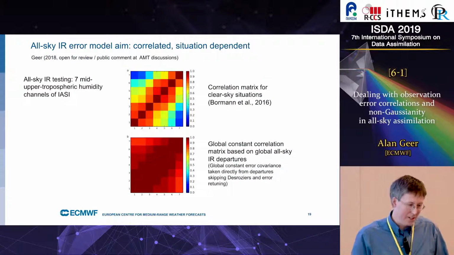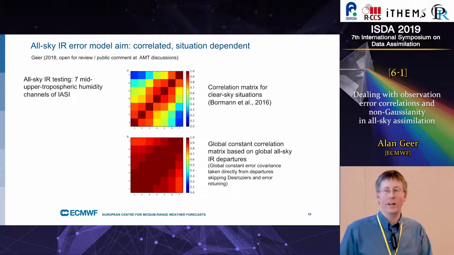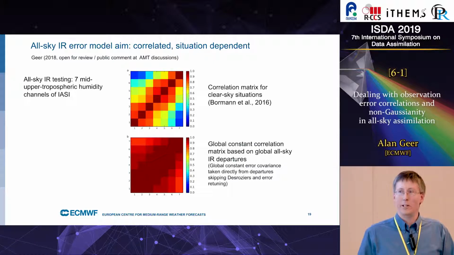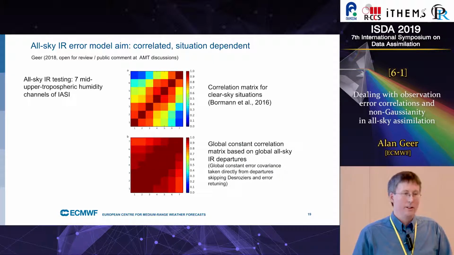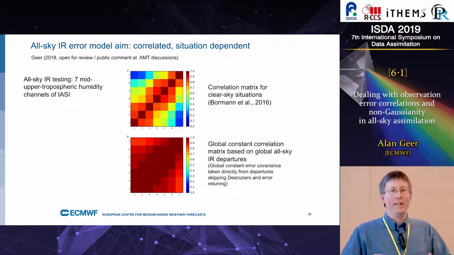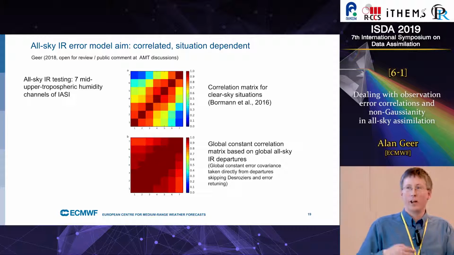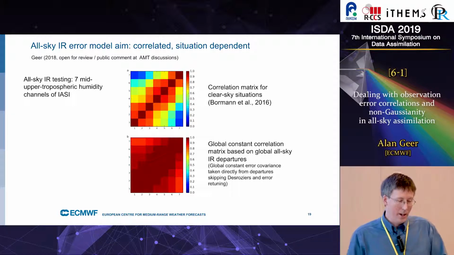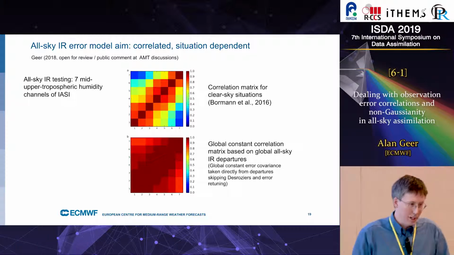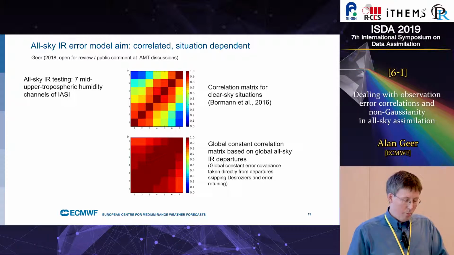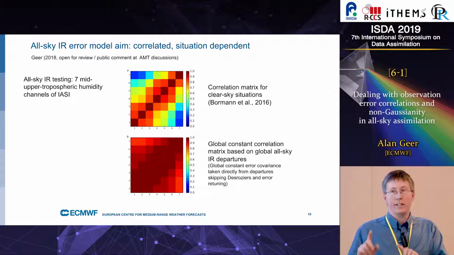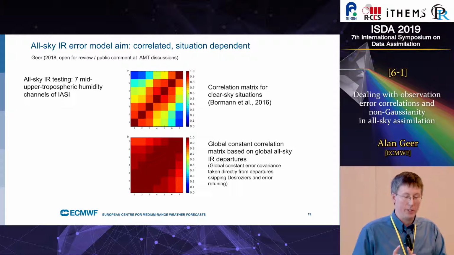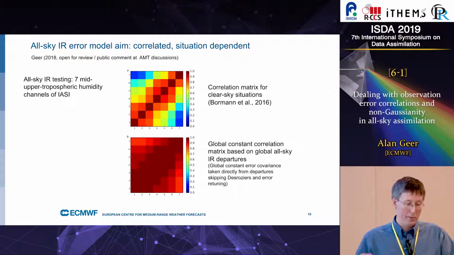So that gives a chance to jump to the other form of the all-sky situation-dependent error covariance model that I was testing for the all-sky infrared. And it's in this context that I'm going to show you how the VAR-QC is implemented and how some of these things work. The top figure is the existing clear sky error correlation matrix as derived by Niels Bormann, which gave the 1% improvement to forecast scores.